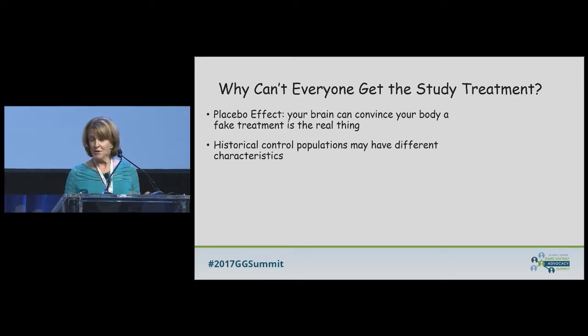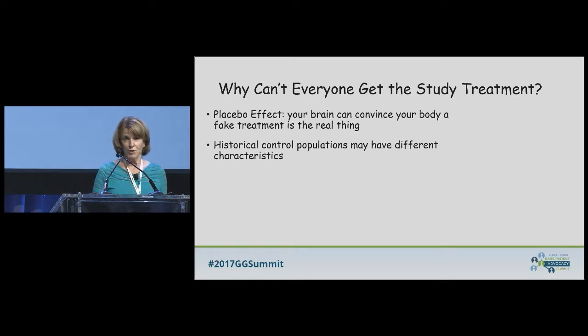A lot of times, especially in rare disease trials, you can use historical controls, but they may have different characteristics than the patients that are actually enrolled in the study trial. So that is something that I think is worth looking at, especially in rare disease trials.